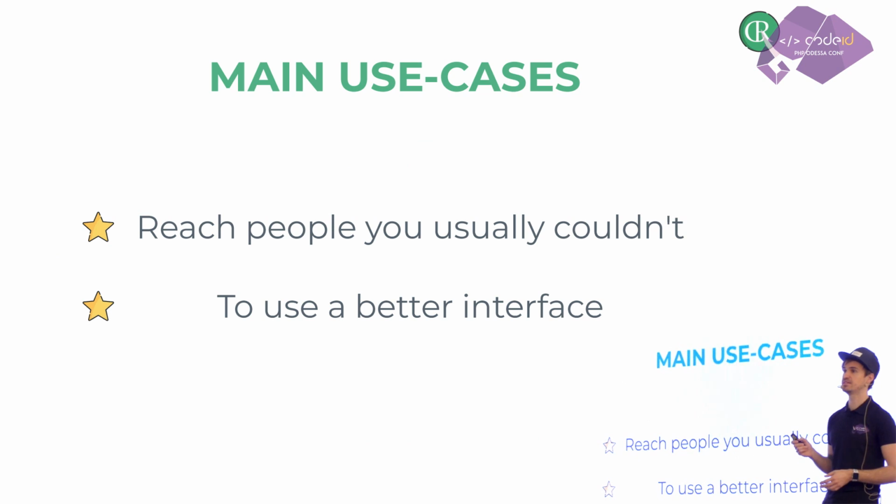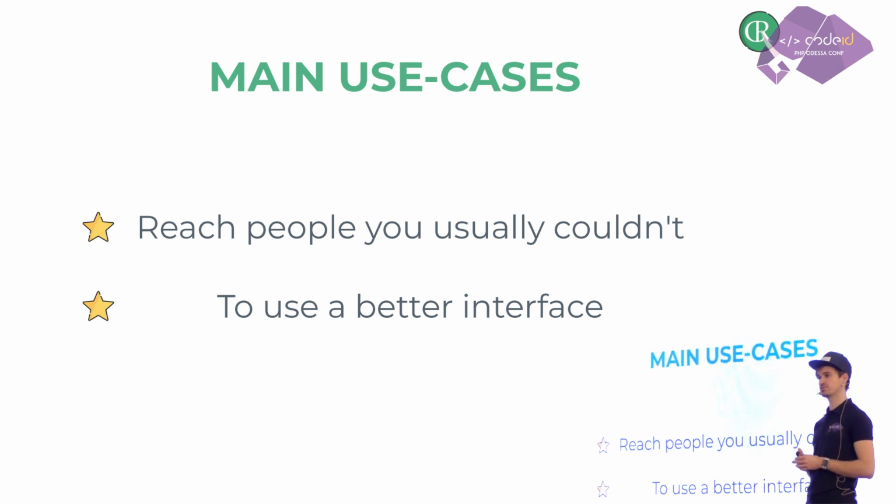In the end, I would say there are two main use cases for chatbots. First, you want to reach people that you usually couldn't. That's especially true for younger people that are not on the big platforms anymore, but they are on messengers, and you can reach them there very easily. That's especially true for Kik, for example. That's a messenger that a lot of young people use.